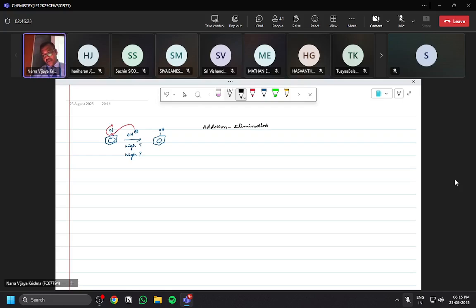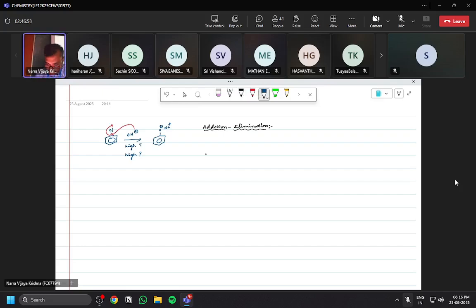First you will get phenoxide, followed by water, you will get phenol. Because you are taking base, you will get O minus. Later it will convert into phenol. Nothing there. So we are not bothered about this. First, how that OH is replacing it. So, addition elimination mechanism.